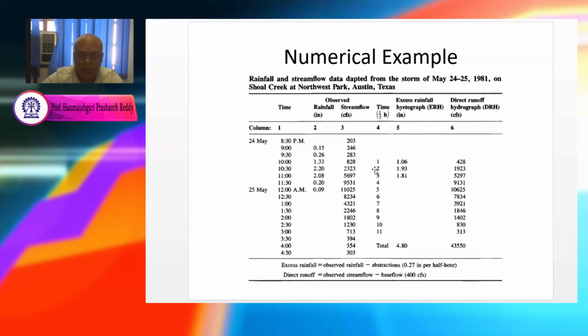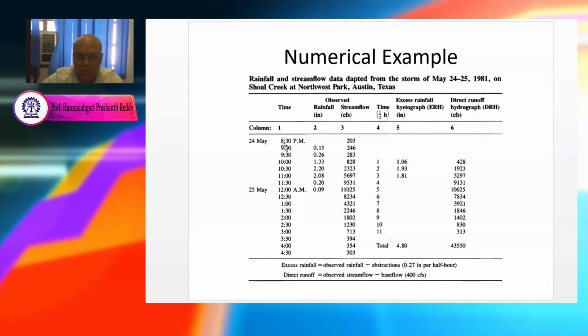This is the data given in tabular form. This rainfall occurred on May 24, 1981 on Shoal Creek at Northwest Park, Austin, Texas. You see that 1, 2, 3, these are the data given.